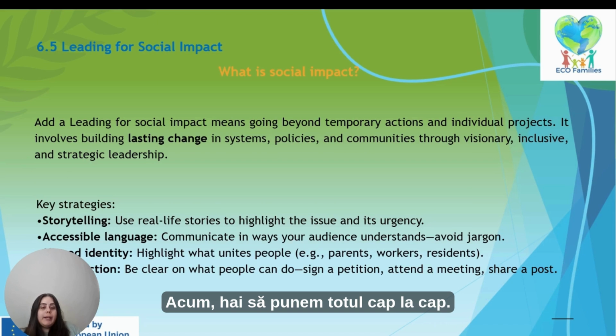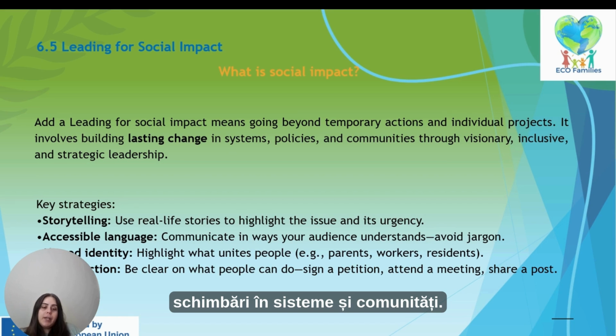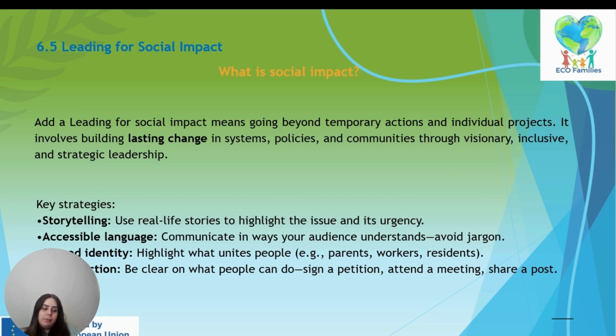Now, let's bring it all together. Leading for social impact. This is about going beyond short-term projects to build lasting change in systems and communities. It involves building lasting change in systems, policies, or communities through visionary, inclusive, and strategic leadership.